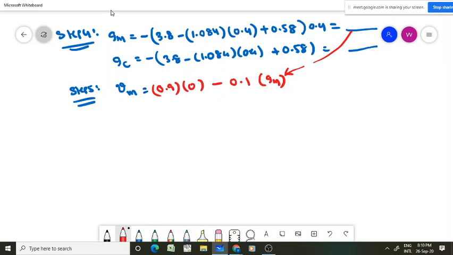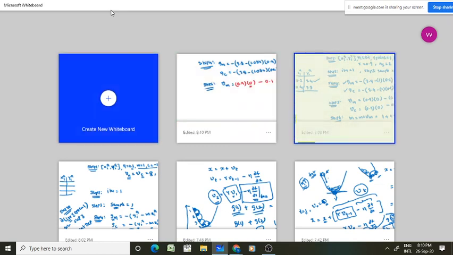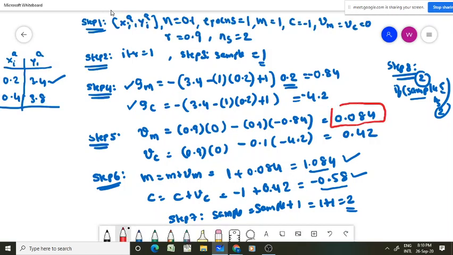Sir, the Vm value is not 0, right? We have to take the Vm value from the previous timestamp. What is the Vm value in the previous timestamp? You have taken it from here: 0.084 and this value 0.42.